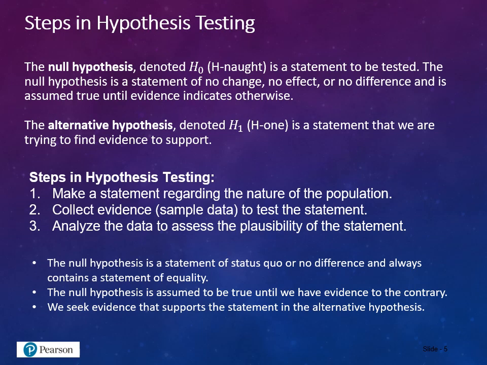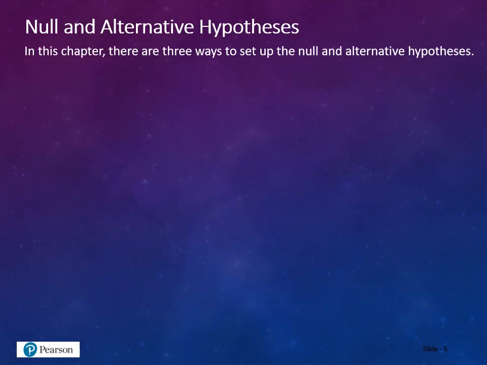The null hypothesis is a statement of status quo or no difference and always contains a statement of equality. The null hypothesis is assumed to be true until we have evidence to the contrary, and we seek evidence that supports the statement in the alternative hypothesis. Okay? This will become more clear.